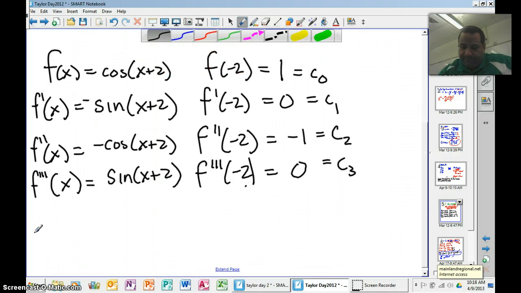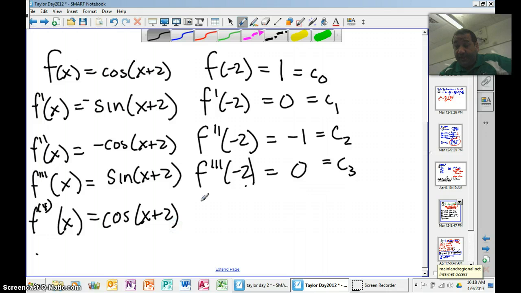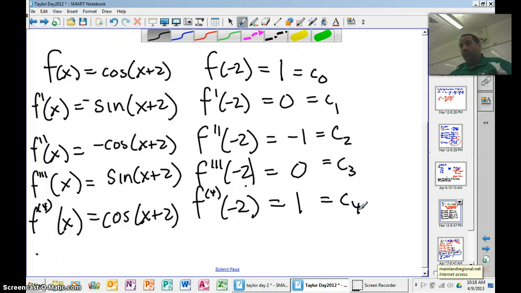And then the fourth derivative of x is back to the original, cosine of x plus 2, and at negative 2 that is 1, and that's C4. Well, the first one is 1. This is going to be negative 1 over 2 factorial, because remember, this is C2 over 2 factorial. This one is C4 over 4 factorial, so that's going to be 1 over 4 factorial.